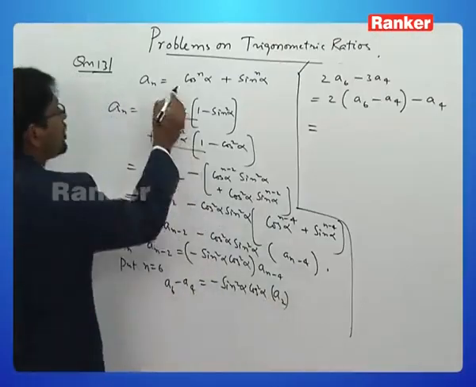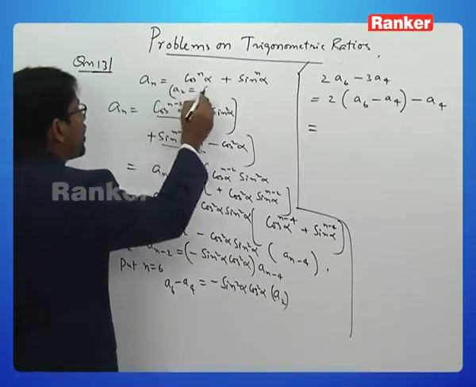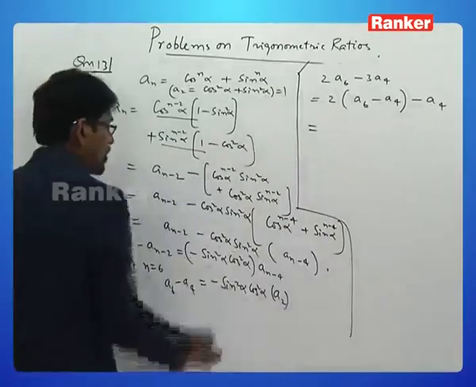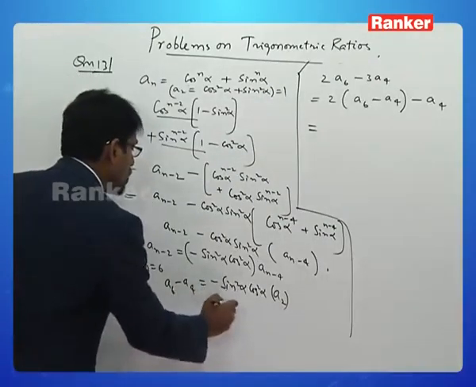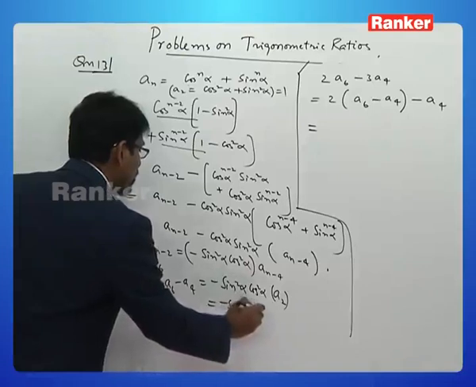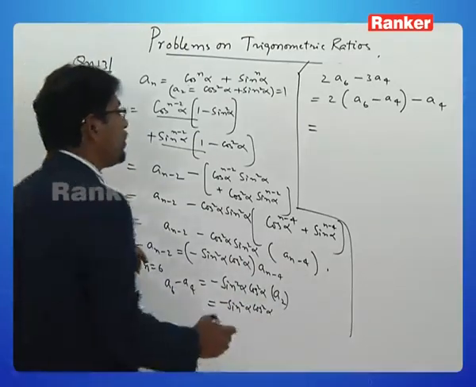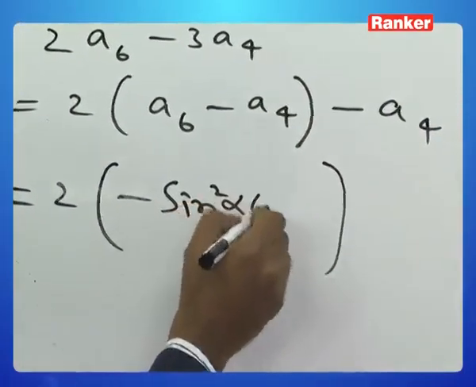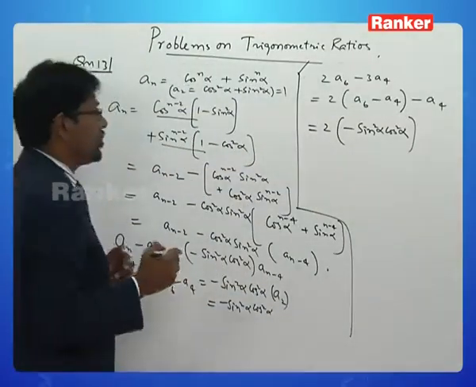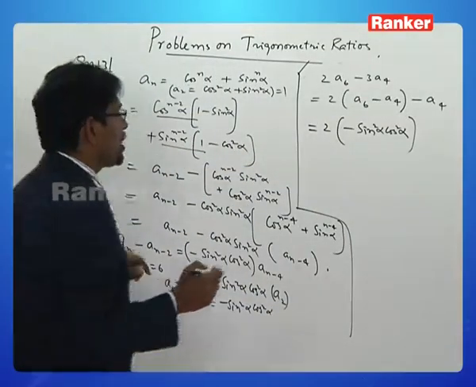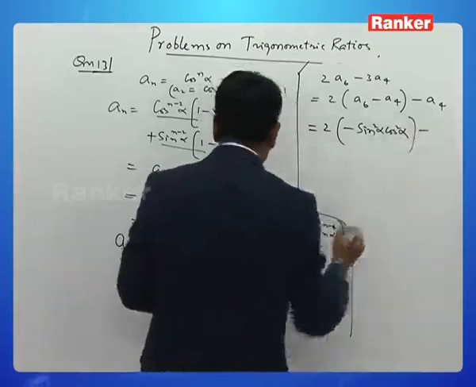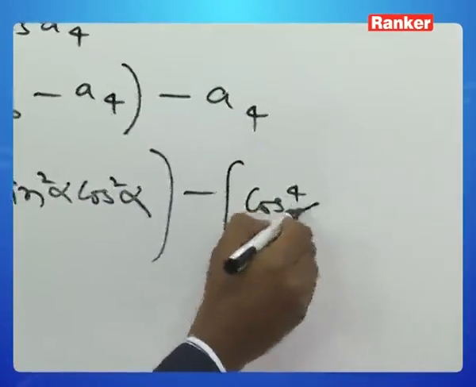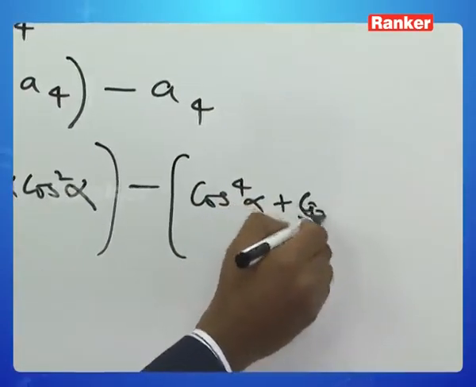But what is a2? Cos square alpha plus sin square alpha, which is equal to 1. So I can put that value here. Therefore, this turns out to be minus sin square alpha cos square alpha. So 2 into this, inside the bracket what we have got was minus sin square alpha cos square alpha. But now what are you left with? a4. What is a4? Cos power 4 alpha plus sin alpha power 4.